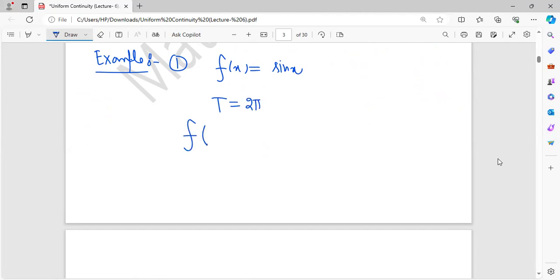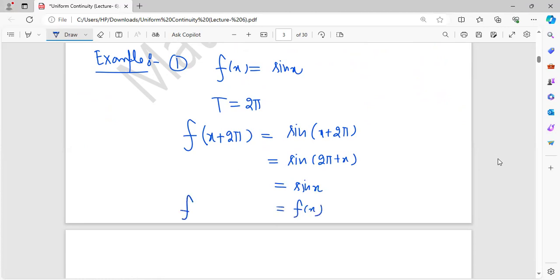So f(x plus 2 pi), what is that? Sin(x plus 2 pi). And we know that sin(2 pi plus x) is sin x. So that is f(x) for all x belongs to R. So sin x is a periodic function.